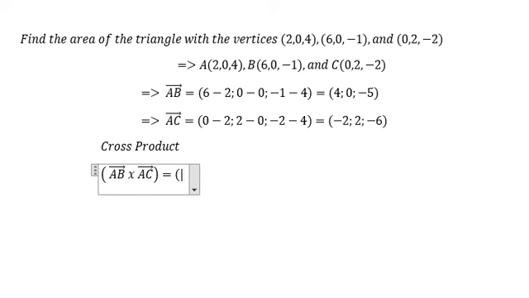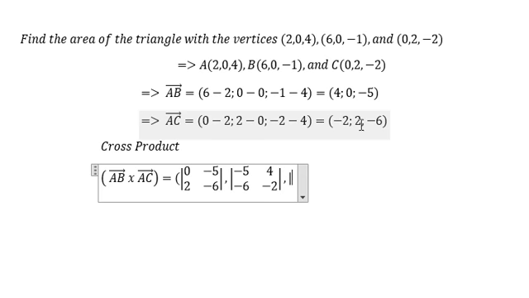This is for the Y, so the next numbers should be -5, then go to 4, -6, then go back to -2. And the last one is for Z, so we have 4, 0, -2 and 2.